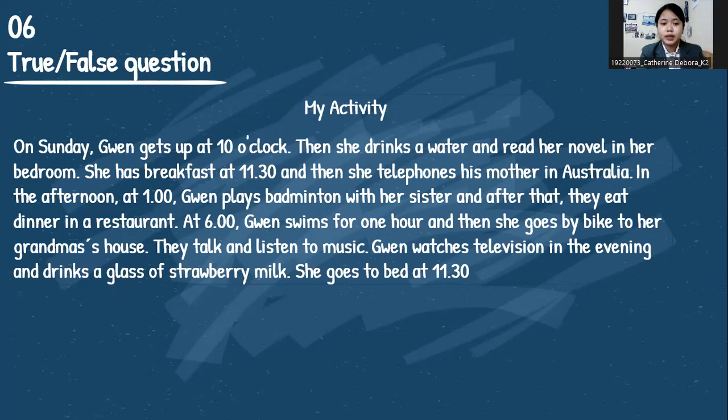At 6 p.m., Gwen swims for 1 hour, and then she goes by bike to her grandma's house. They talk and listen to music. Gwen watches television in the evening and drinks a glass of strawberry milk. She goes to bed at 11:30.